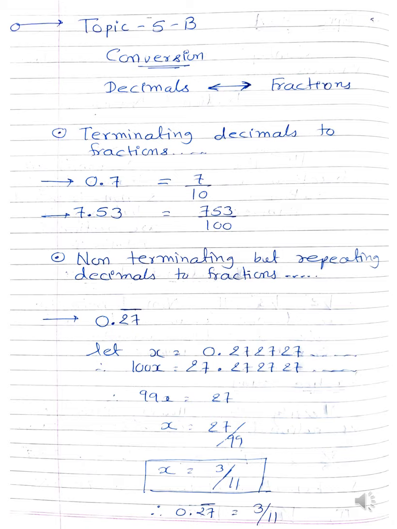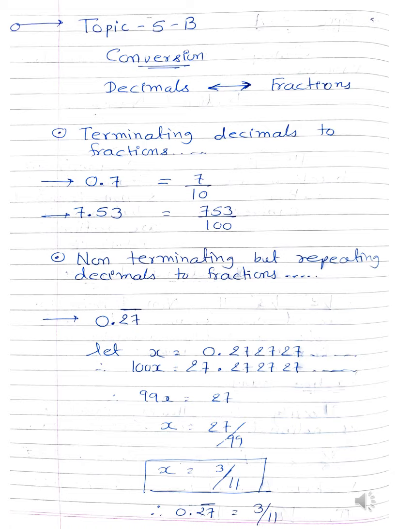Now as you can see in the sum, two numbers are getting repeated, 2 and 7 both. So here we are multiplying both sides, LHS and RHS, with the number 100. Listen, if one number is getting repeated, you need to multiply with 10. If three numbers are getting repeated, then go with 1000. Here two numbers are getting repeated, so we are multiplying both LHS and RHS with 100.